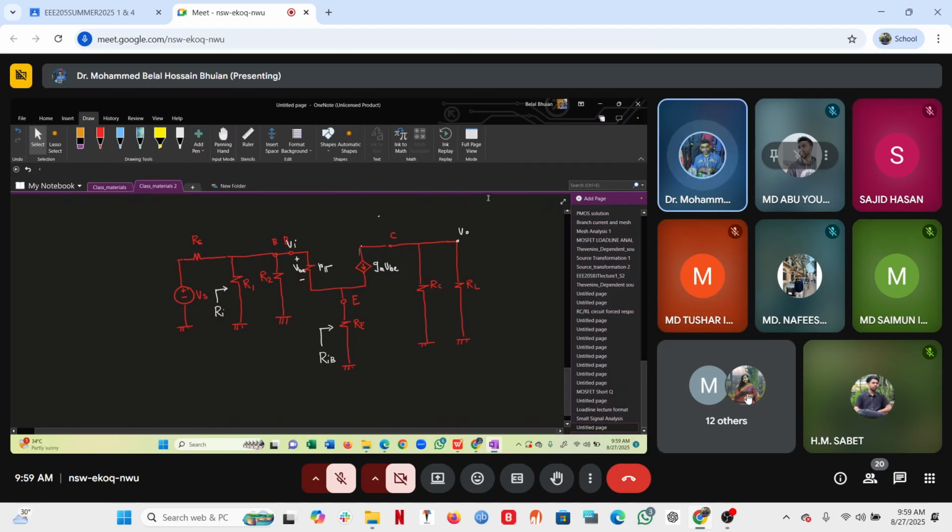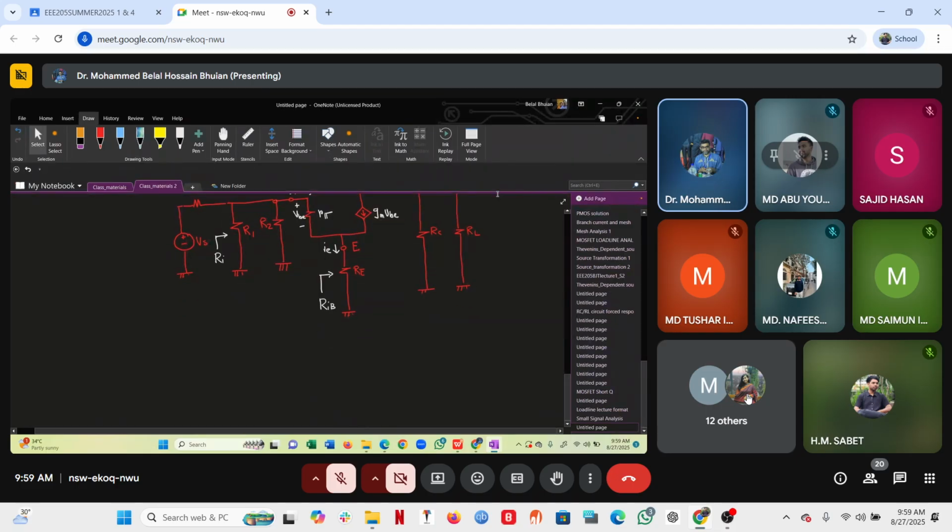Okay. In order to determine VI, let's say this is our base. So what is the base current? The base current is the small signal base current. Here is our small signal collector current, and here is our small signal emitter current. Okay.